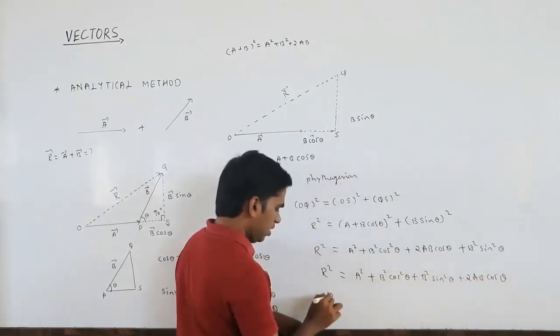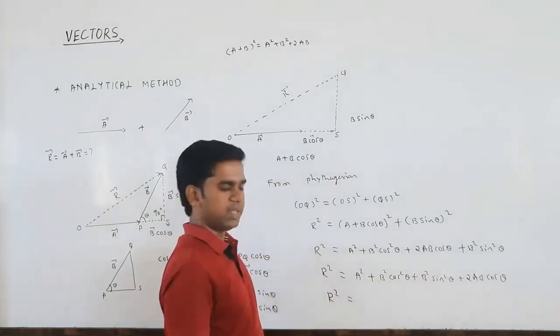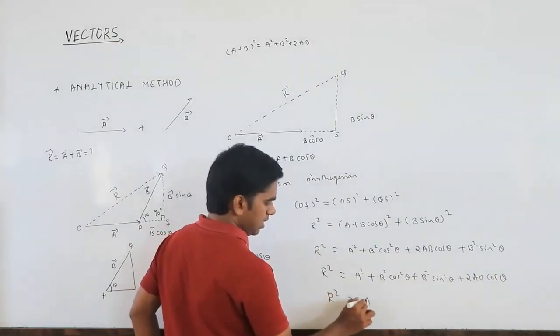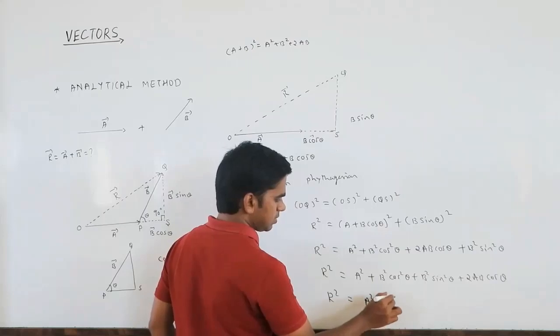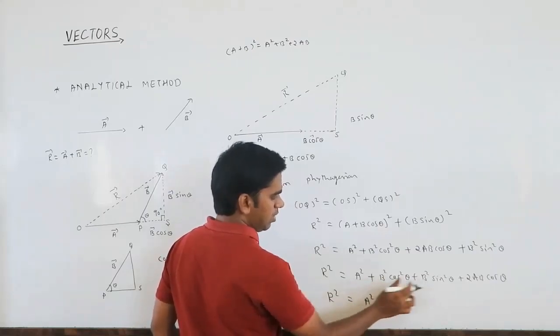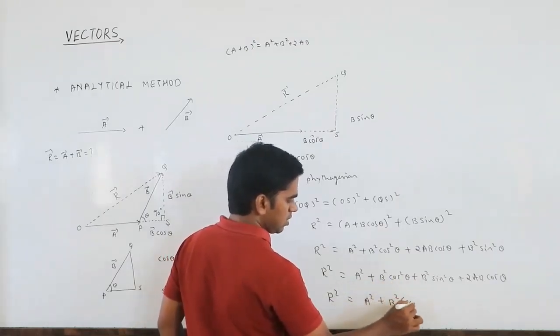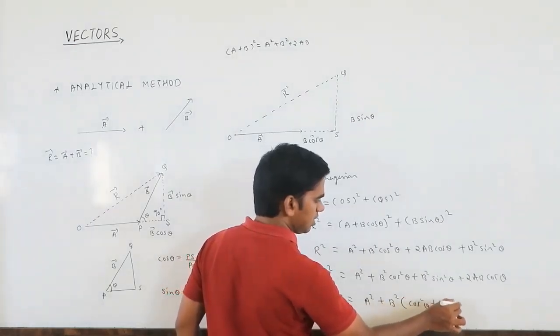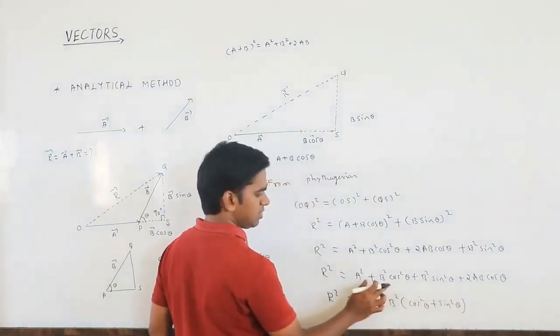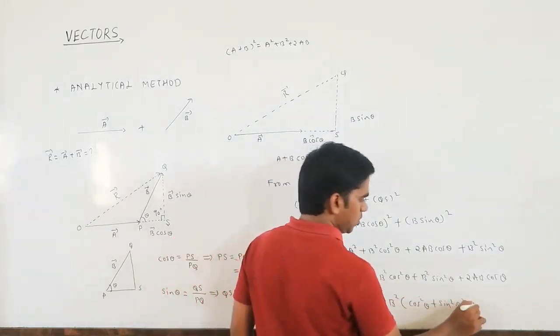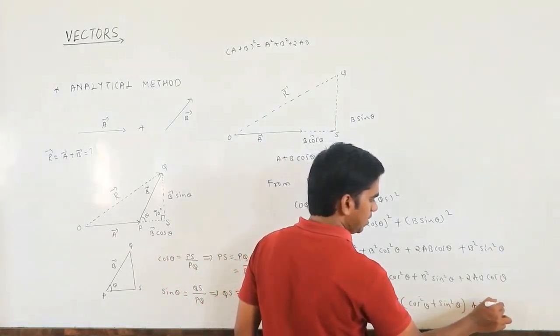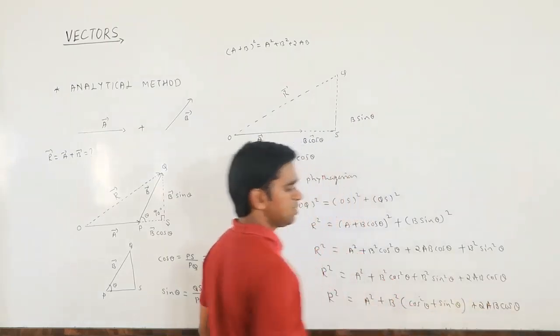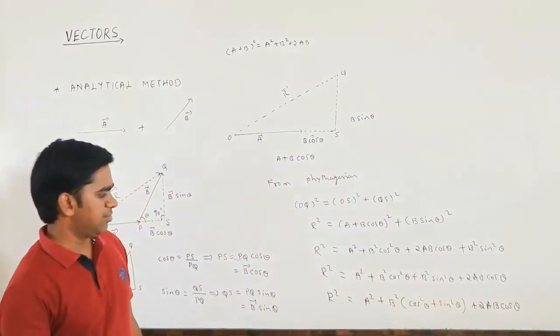So R square is equals to A square plus B square will take outside, so what remains inside is cos square theta plus sin square theta, plus 2AB cos theta. This is what is left with us.